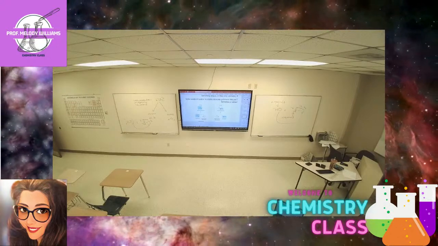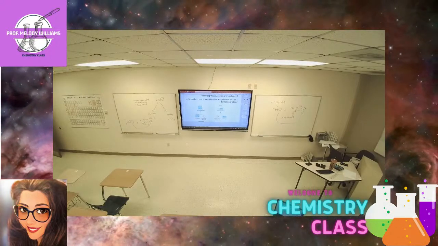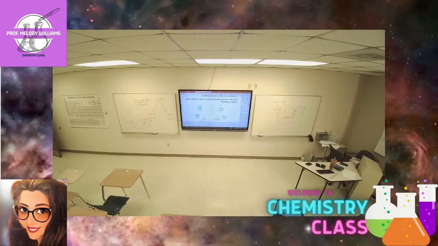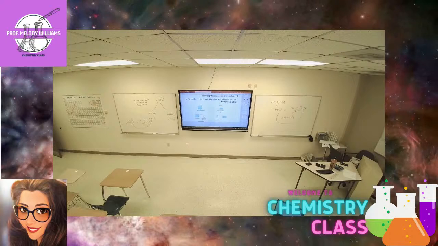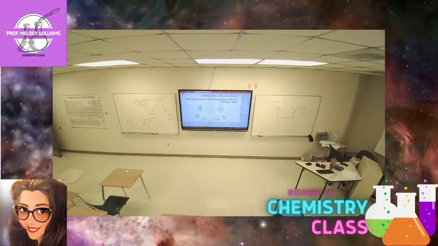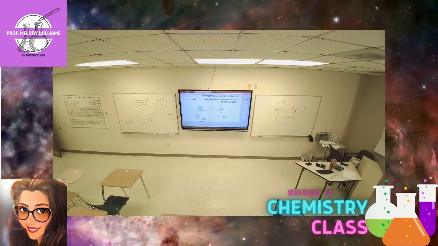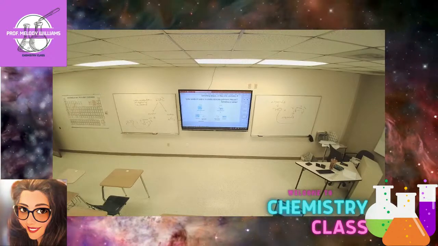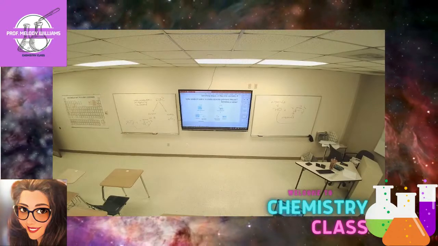So what's happening is this nucleophile is attacking this slightly positive carbon. And it's doing that through the electrons. So the electrons move, and that's what the arrows show.